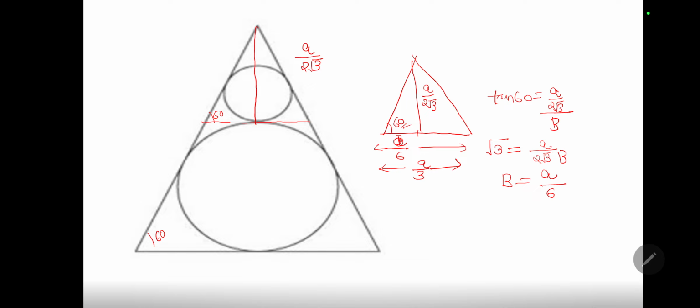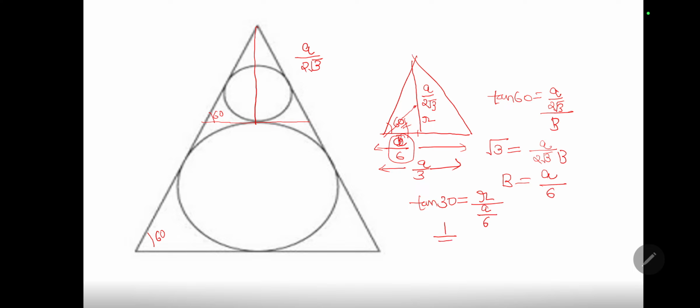Okay, and what would be my inradius? I need to find out this radius. So simply apply the formula of tan 30 over here. Tan 30 is radius upon this side, a by 6.